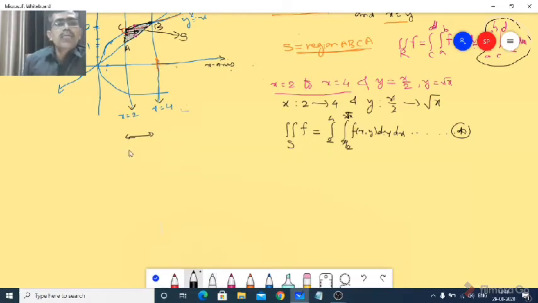So to make the integral first with respect to x, take a line parallel to the x-axis. I will make two parts of this region. I will call the portion below this line as S1 and this as S2.